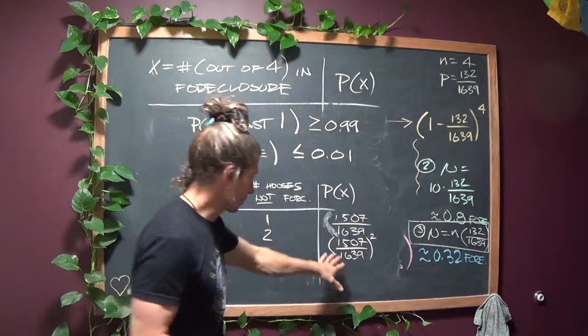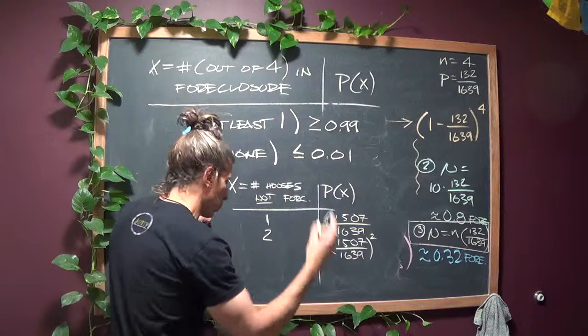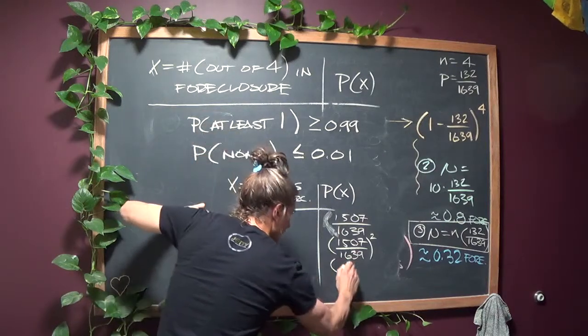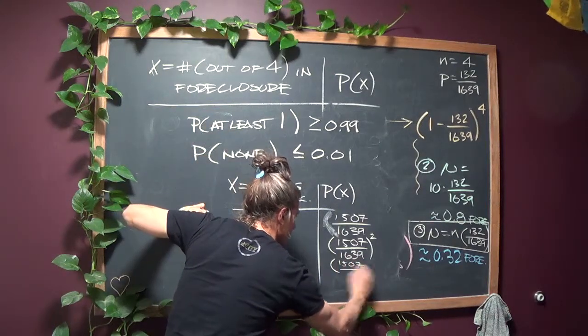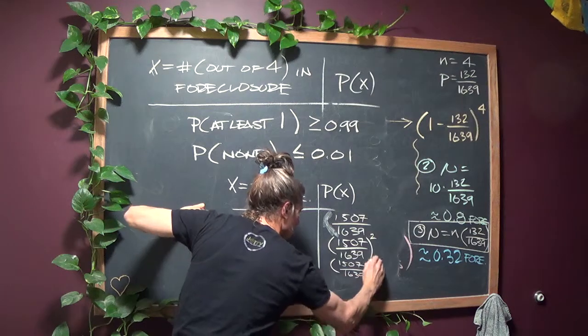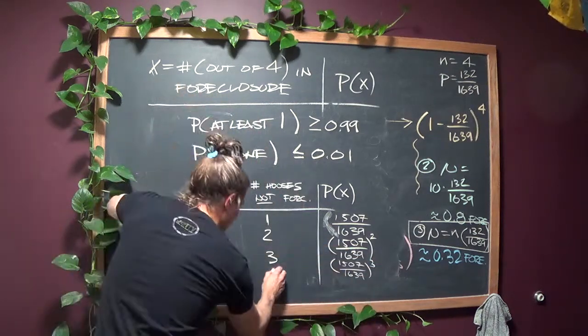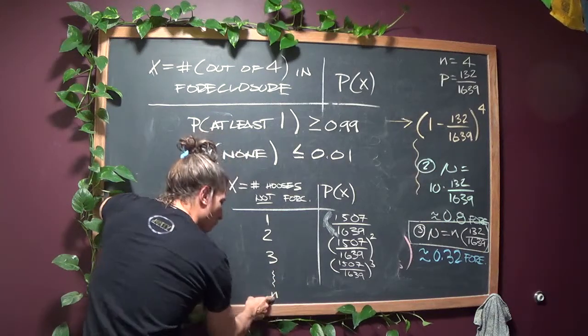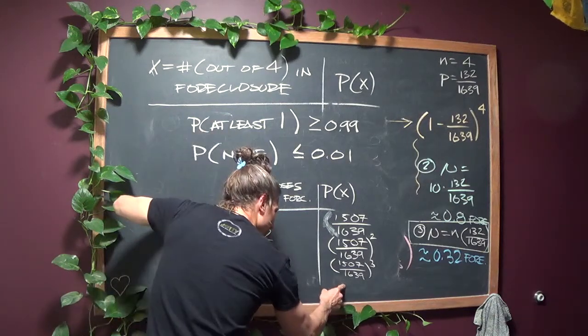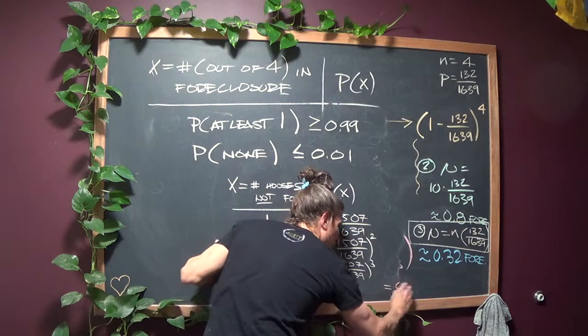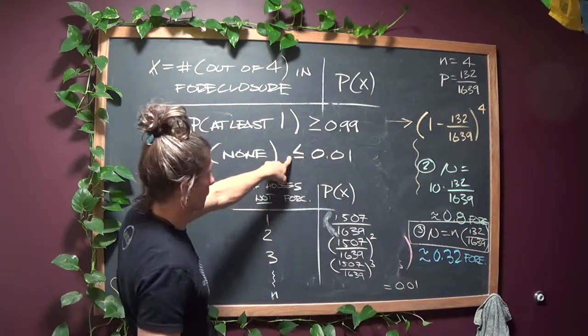It's getting smaller because you're multiplying by a fraction less than 1. 3 would be that cubed, 1507 out of 1639 cubed. 4 would be to the 4th, 5 would be to the 5th. The question, therefore, is how far out do you go until this drops to 1% or below?